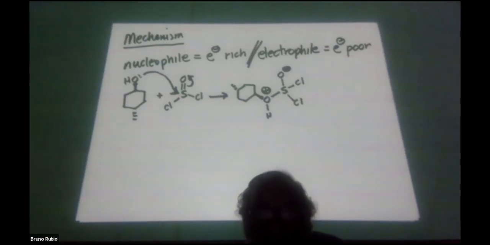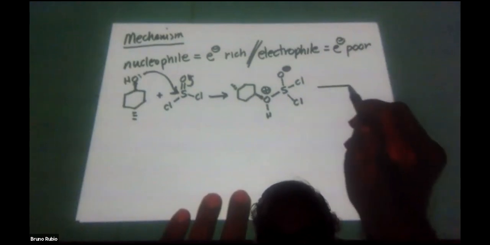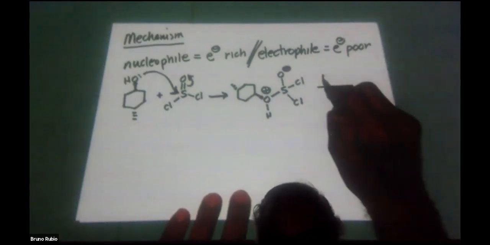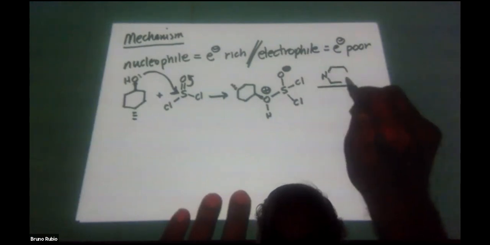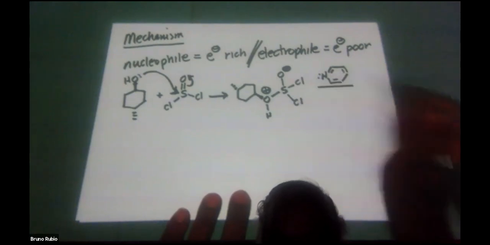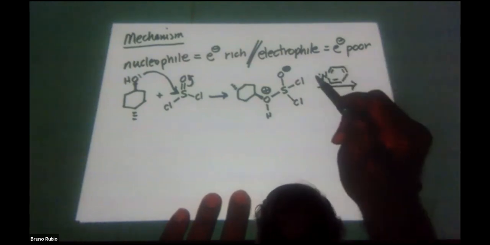Okay, now it's time for the pyridine to get involved. The pyridine, this is a base. It functions as a base, right? And remember, we call this thing PYR. This functions as a base.